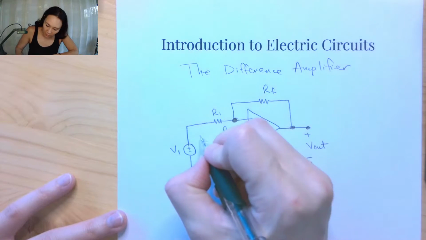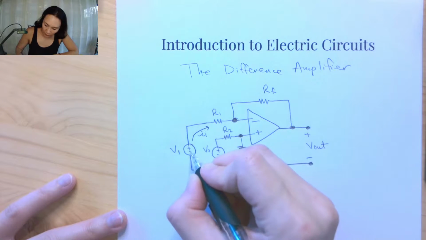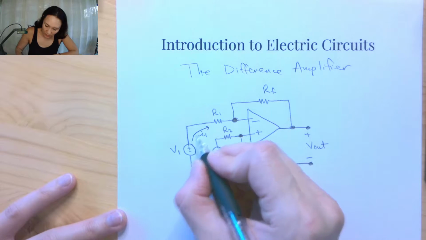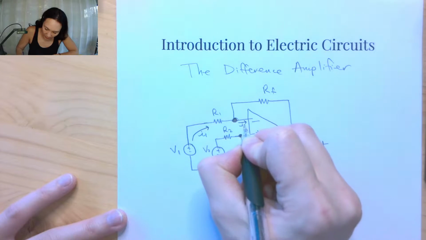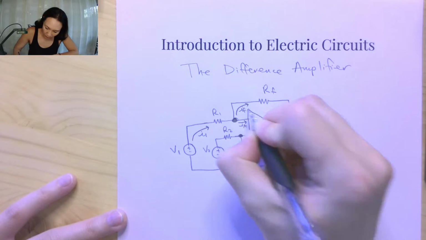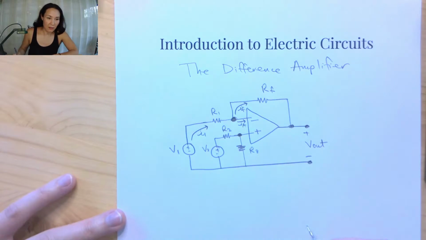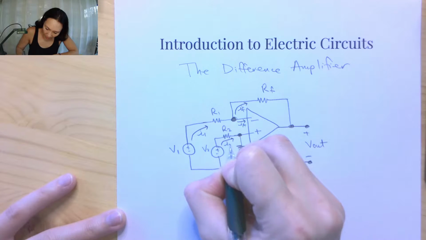So in order to do that, I need to first label all my currents. So I have a current I1 that originates from V1, goes into this node. Some of it's going to split in this way, I'll label that IA. And some of it's going to come up here and take the path through the feedback loop. I'll label that IF. And then we've got a current that originates from V2, I'll call that I2.